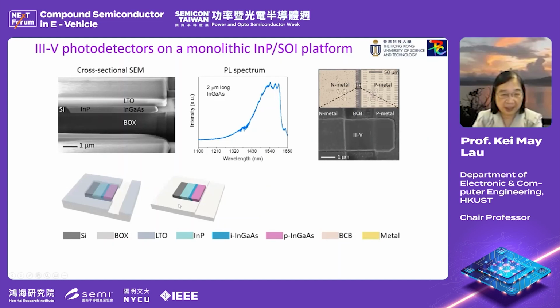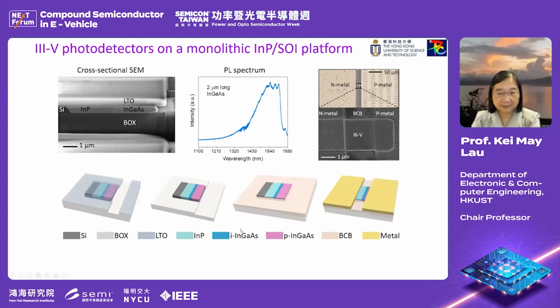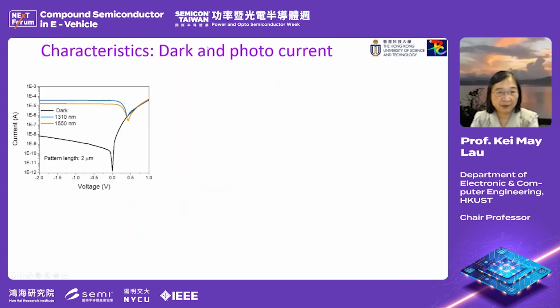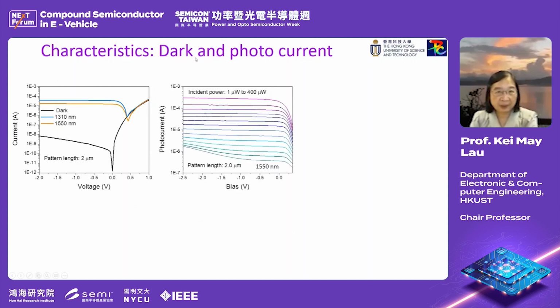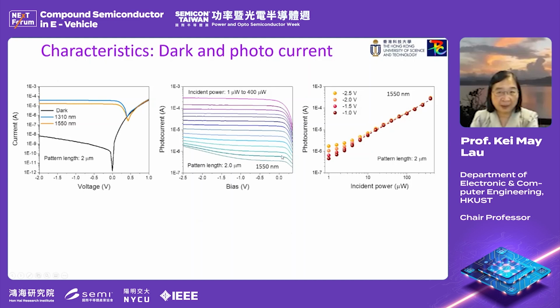So this is a lateral photodetector, and we can put metal on both sides. With these small lateral photodetectors, we were able to have a very low dark current and very high photocurrent. You can see the dark current is very low at both 1.3 and 1.55 micron, and the photocurrent is quite high.